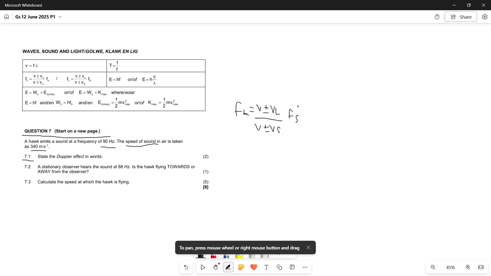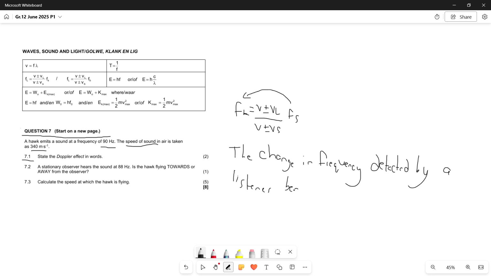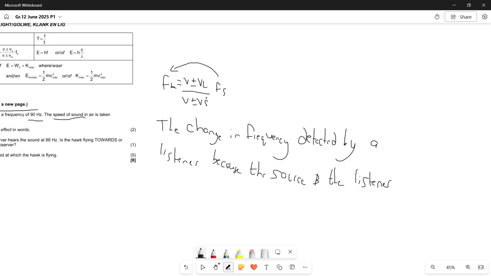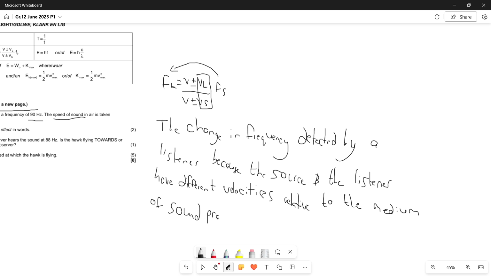Okay, and with that being said, let's write down the Doppler effect, because the Doppler effect is the change in frequency. So it is the difference between the frequency of the source and the frequency of the listener, detected by a listener, because the source and the listener have different velocities, this guy and this guy, they have different velocities relative to the medium of sound propagation.